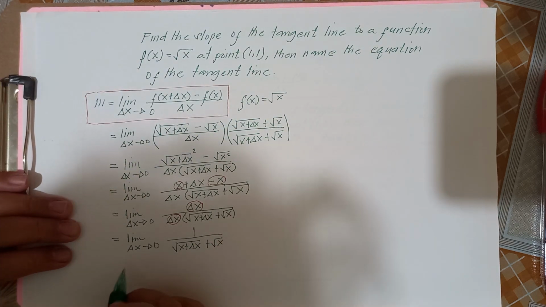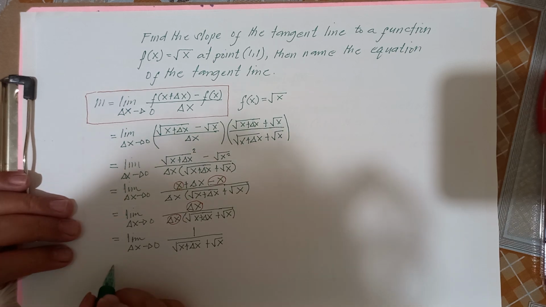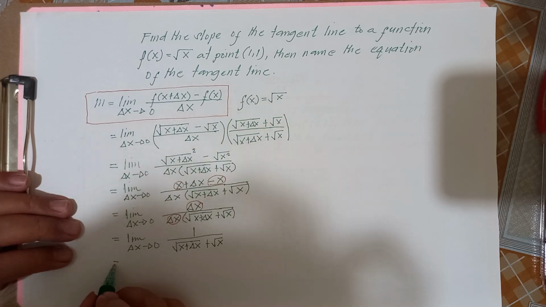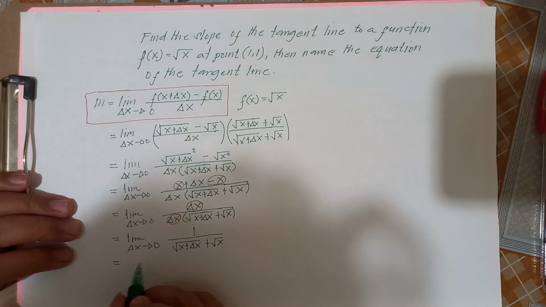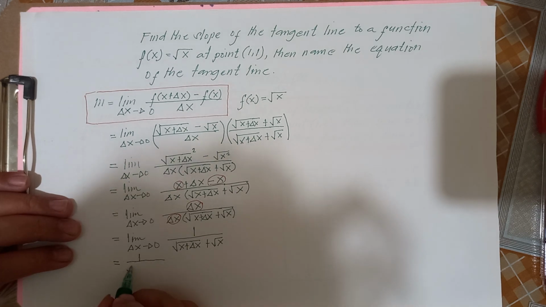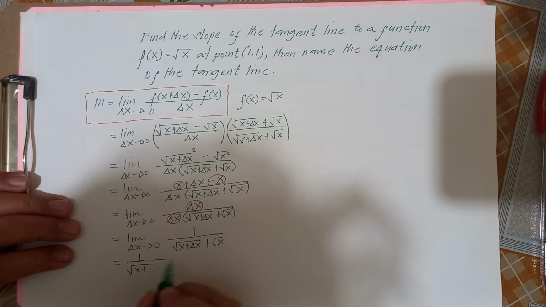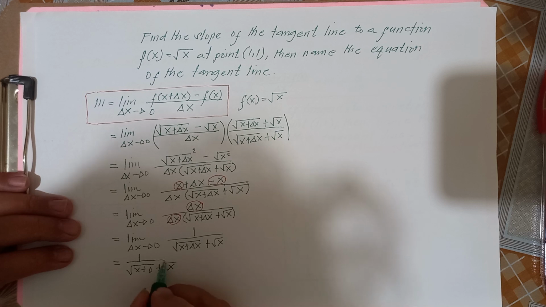Now what is the limit? We can have the substitution. So we will substitute the change of x in here, so it will give you a result which is the same as 1 over the square root of x plus change of x, where change of x is 0, plus the square root of x.